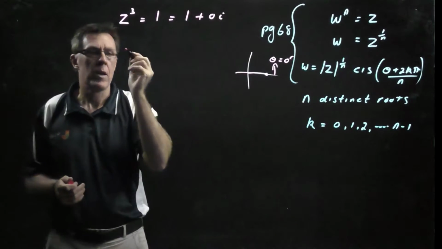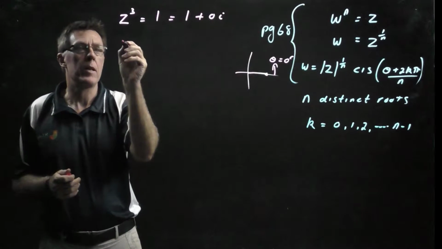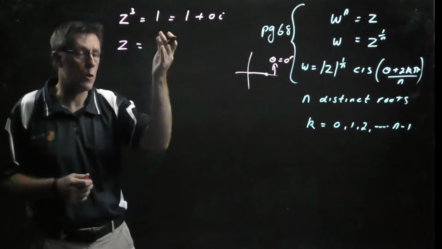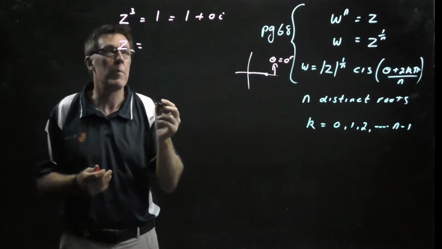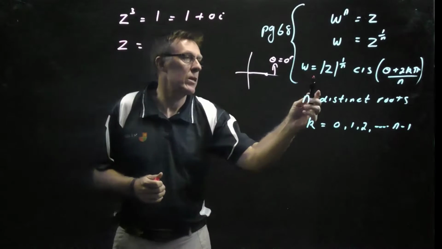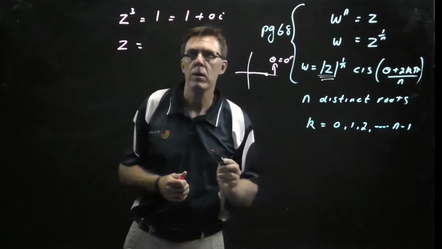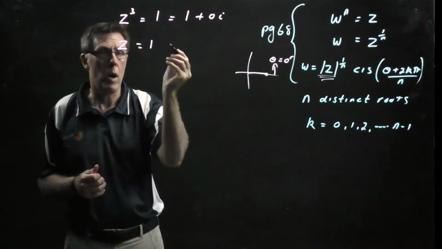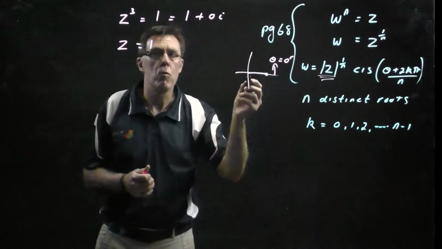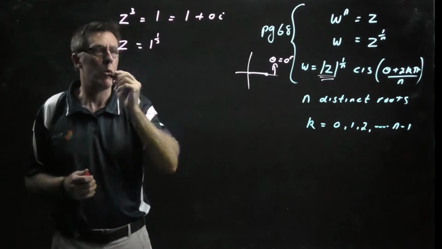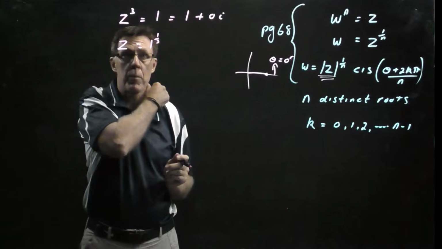Now, according to De Moivre's theorem, the complex number which represents the third root of unity, the third root of 1, is first of all the absolute value of the number. The absolute value of this is 1, raised to the power of 1 on n, so taking the third root of 1.